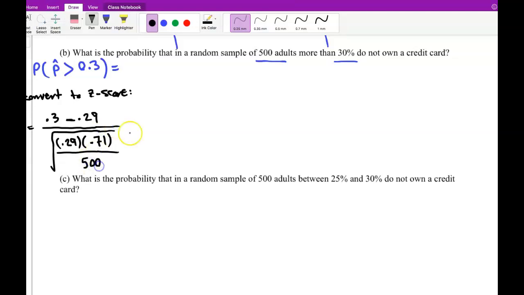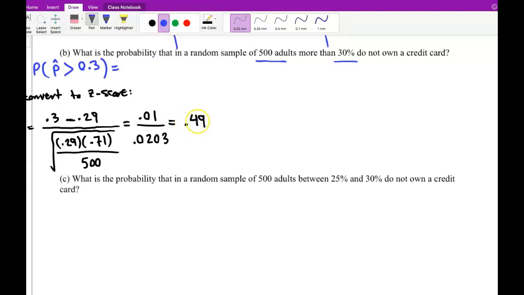So square root of 0.29 times 0.71 divided by 500, and on top we have 0.01, denominator 0.0203. So that is equal to 0.49.